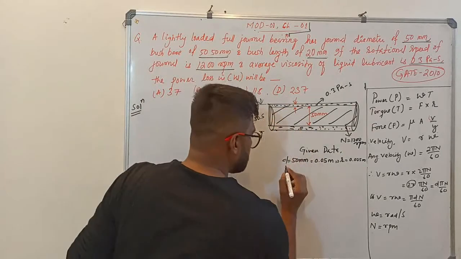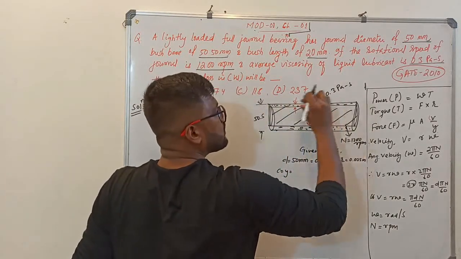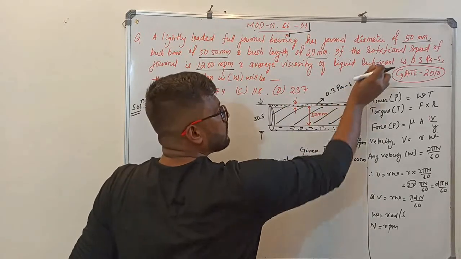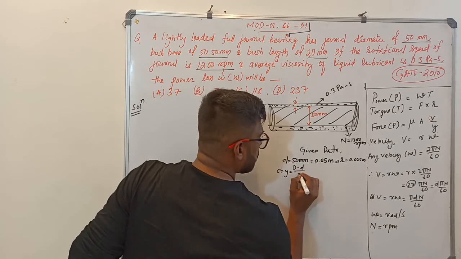See, for this annular space I need C or Y, that is the thickness of the liquid lubricant. It is capital D minus small d, divided by 2.